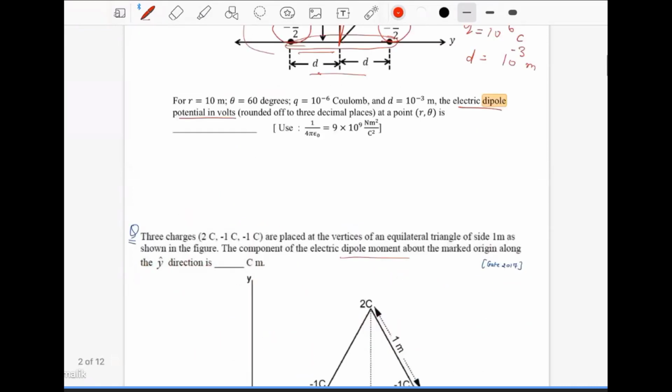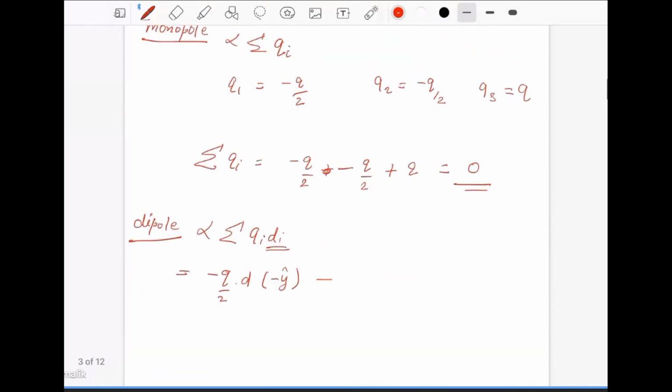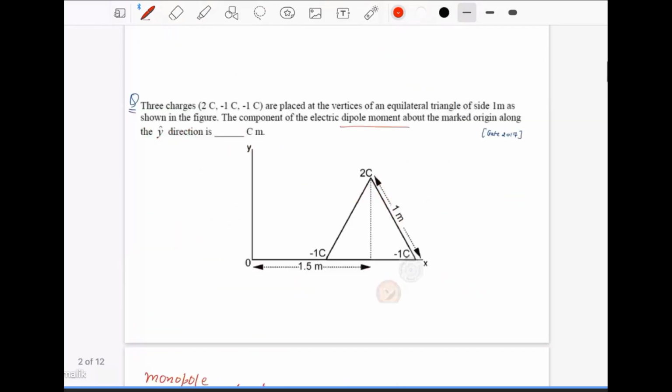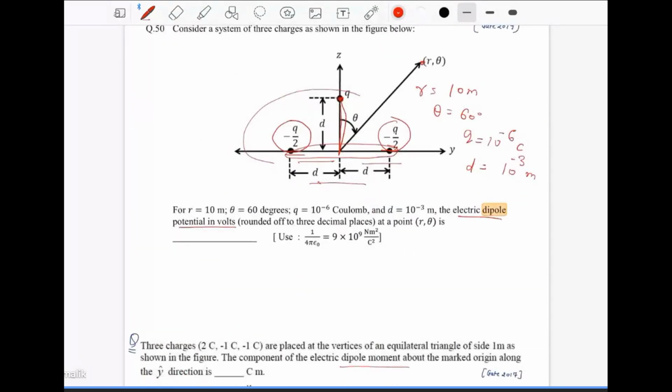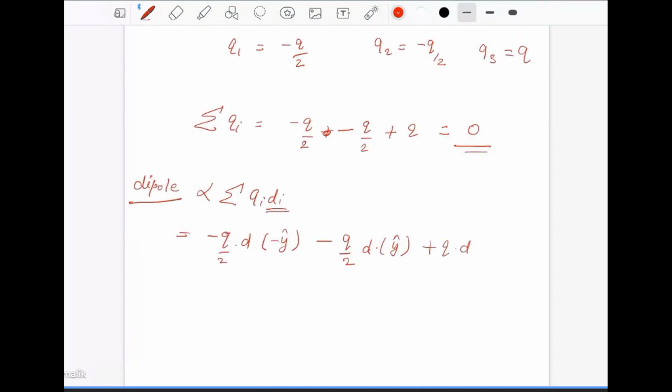Then there is another charge minus q by 2 at distance d in the plus y direction. And there is another charge q in the z direction at a distance d, so we have plus q times d in the z cap direction.